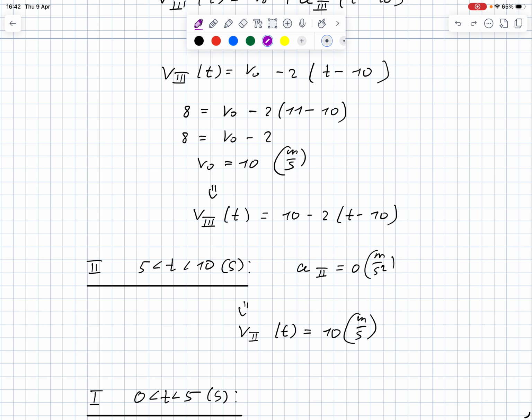And this is our function of velocity for the second interval of time.